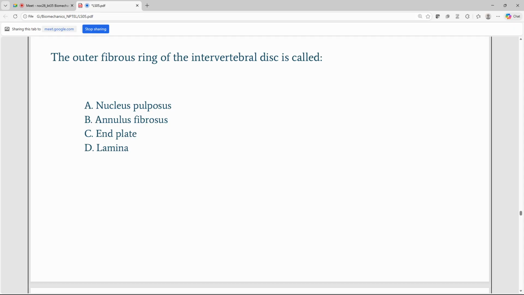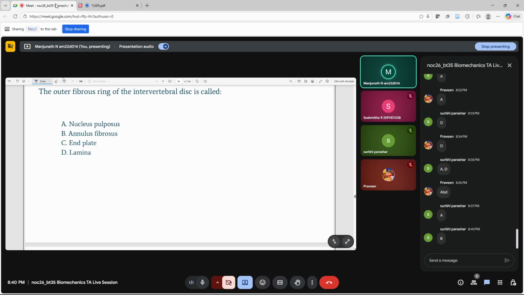So, what is the name of outer fibrous ring of an intervertebral disc?